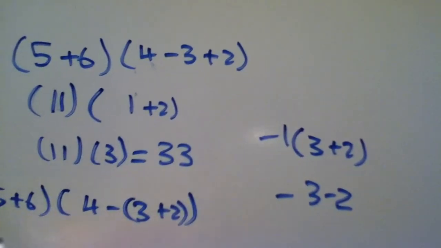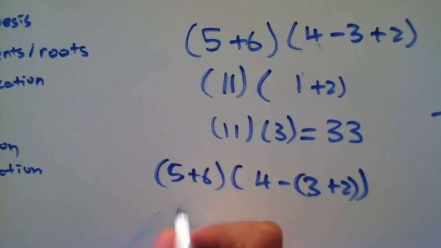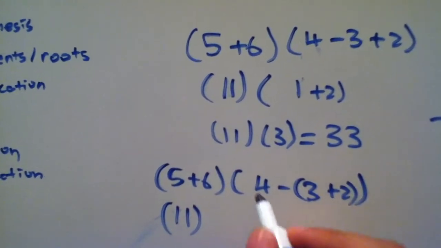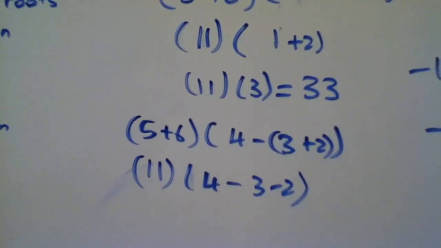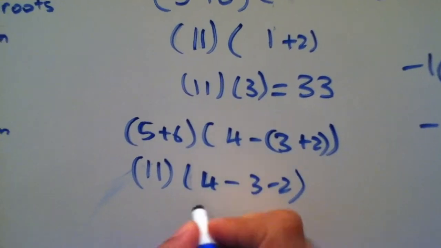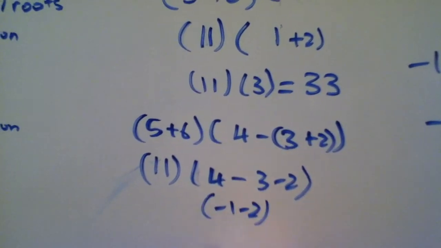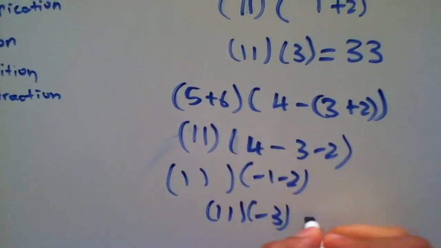So the same thing will actually happen here. It'll be 11. This is a totally different problem, so you're not going to get the same result as there. And you're going to have 4 minus 3 minus 2, like that. And then 4 minus 3 is 1, minus 2, so it's minus 1, and you'll actually get negative 11.